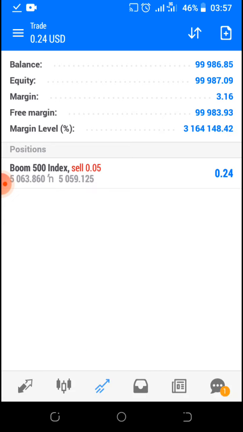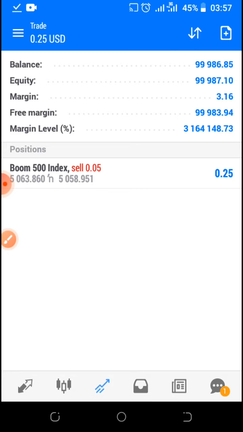In other words, more trading power. What you cannot do in your demo account using a specific lot size, you will be able to do in a live account.